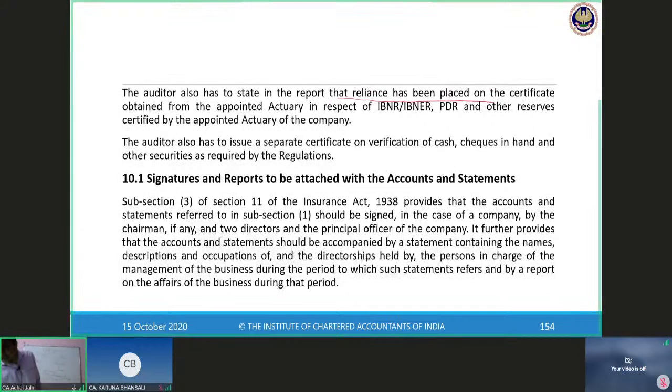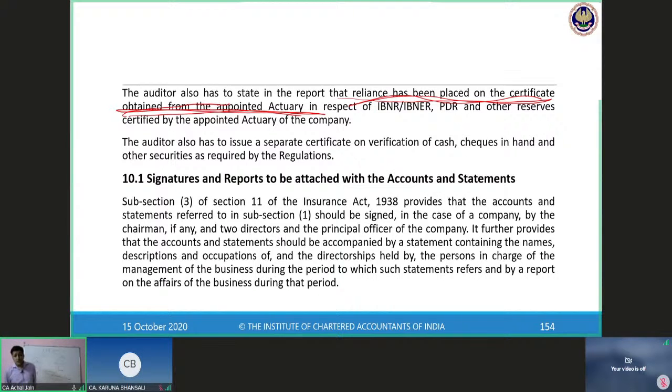He has been placing reliance on the certificate of the actuary, and he is putting that down in his report clearly. It's a very specific declaration which he gives in his report.